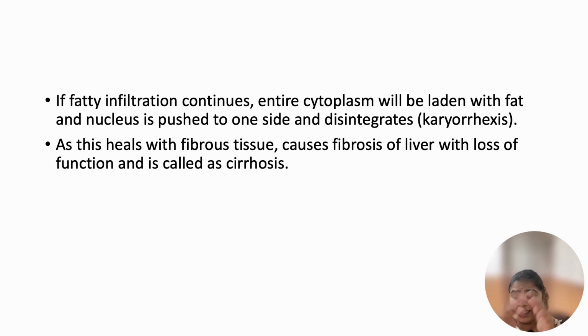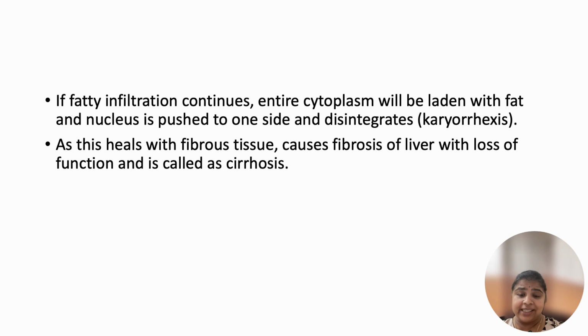Initially it is only a big fat vacuole, but slowly this will push the nucleus to one side and there is excessive pressure on the nucleus, leading to breakage of nuclear material, that is karyorrhexis. Once this happens, it heals with fibrosis and this formation of fibrosis is irreversible.